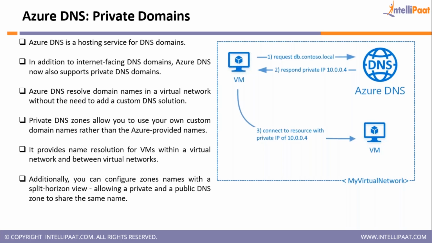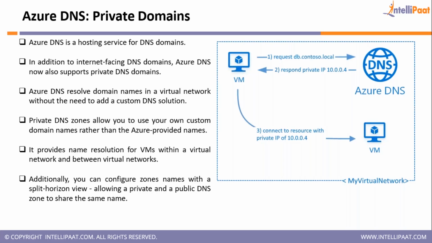Private DNS zones allow you to use your own custom domain names rather than the Azure provided names. This is something you can actually build over. So instead of using the names that Azure provides for your VMs, you can start using your own custom domain names.